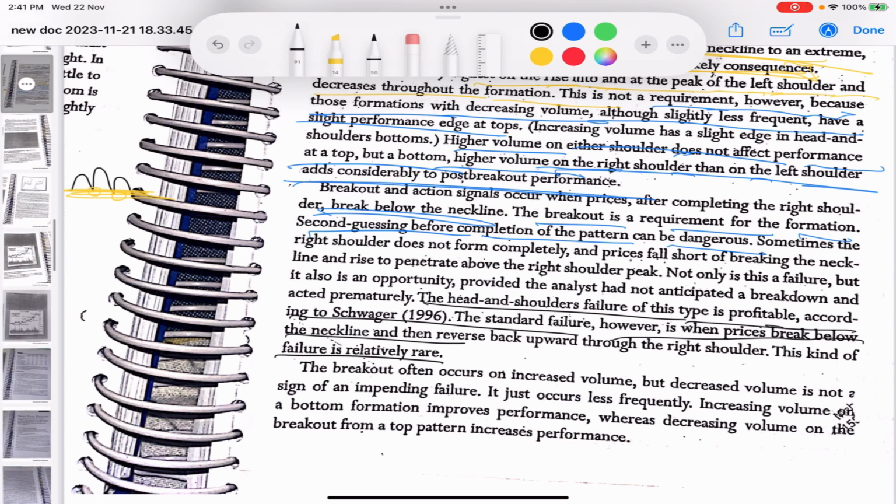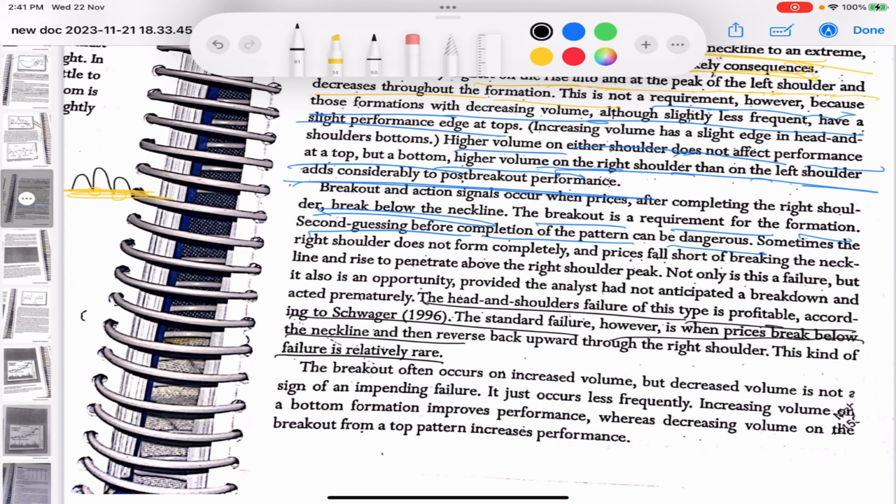And not just that, since it is now widely used and widely recognized, its effectiveness has also decreased. The breakout often occurs on increased volume, but a decreased volume is not a sign of impending failure. But it is always advisable for you to make sure that the volume is high when it breaks out.